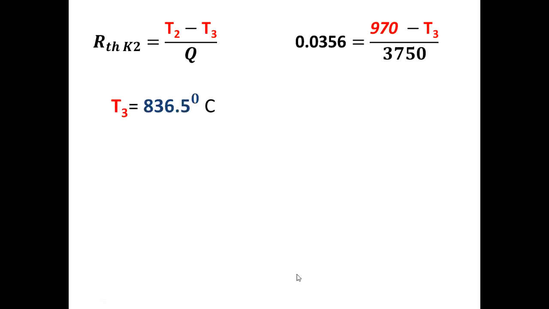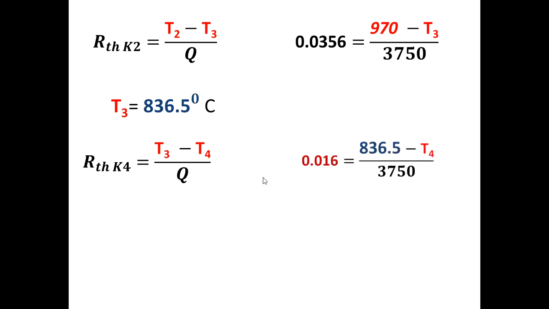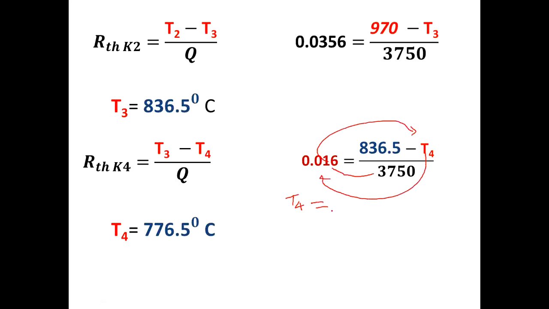T3 you can find from this one, and T4 you can find easily by using these equations. If you want to find the value of T4, you multiply this one and then take this side. Then T4 is equal to, first step multiply this one and then take this side and keep it here.